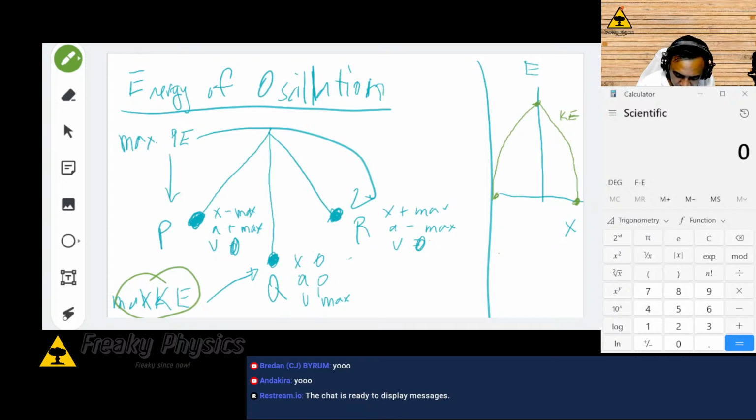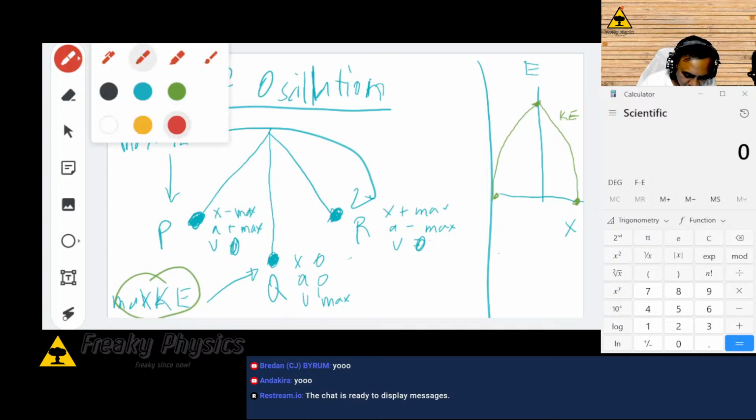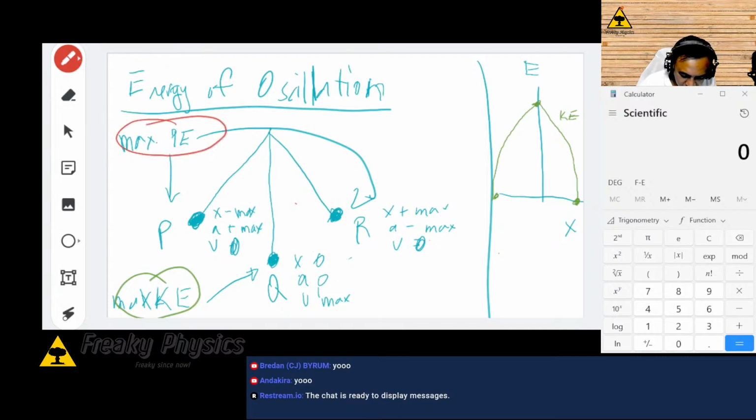How about potential energy? Where do we have maximum PE? At P and R, in other words, the amplitude points. And what happens at Q? No potential energy, 0.